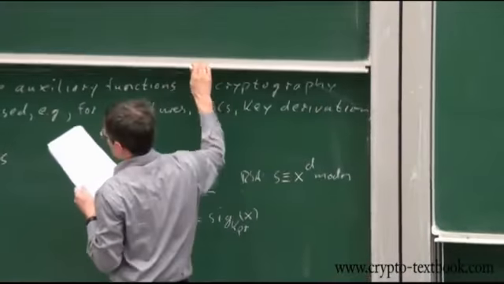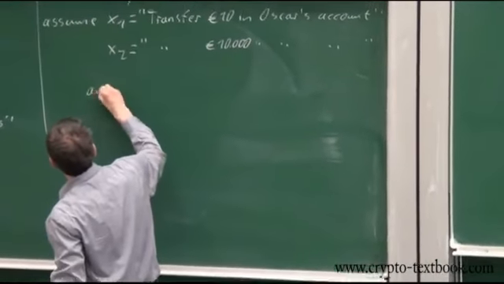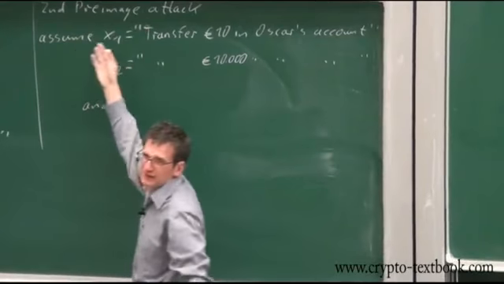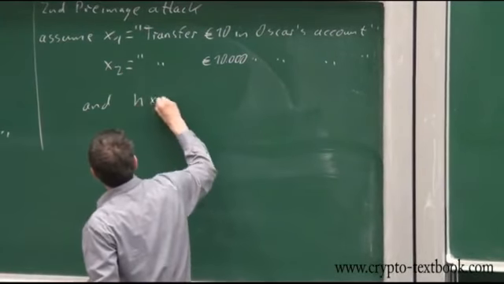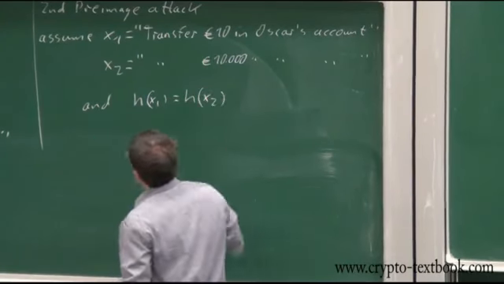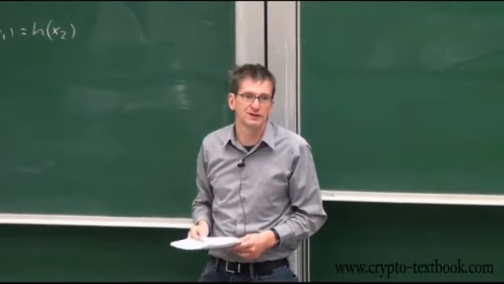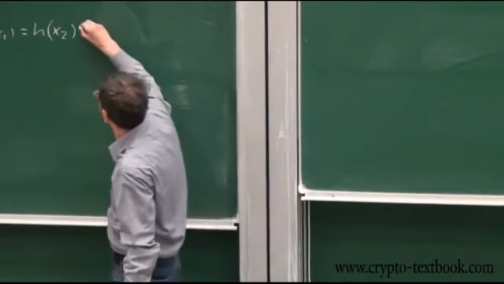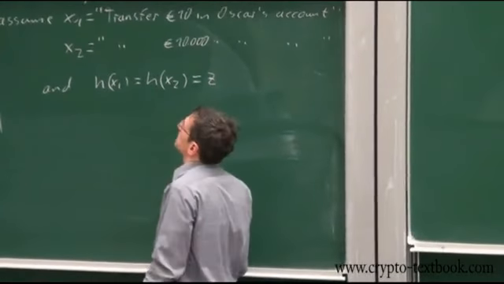Let's say this is true, and coming up with these ASCII characters is easy, right? But there's this additional condition that x1 and x2 have the same hash outputs, the same hash value, the same z. Okay.